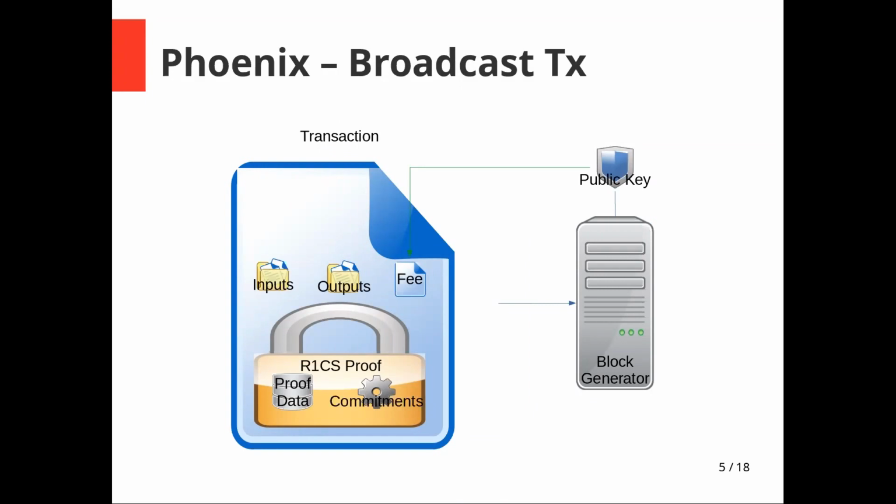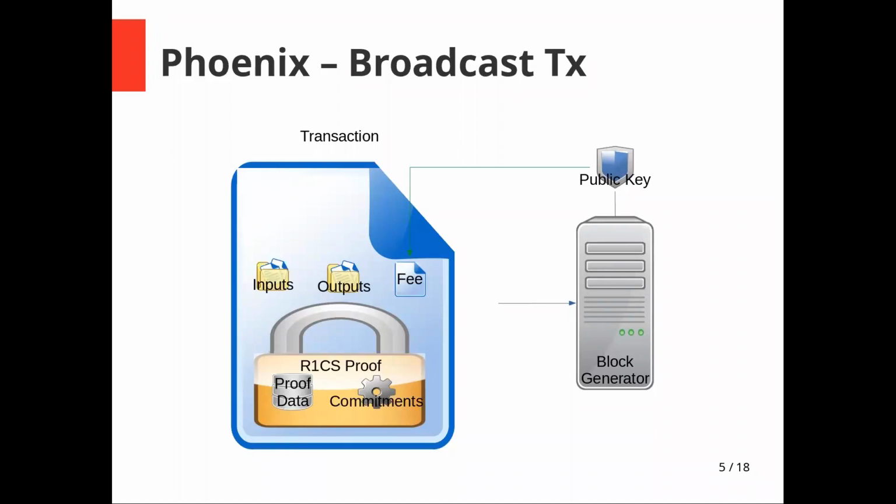Based on all of that, we have the zero knowledge circuit that will prove the consistency of this transaction. I will explain more details on how this works. But when the block generator receives the transaction, he can inject his public key into the fee without compromising the proof.